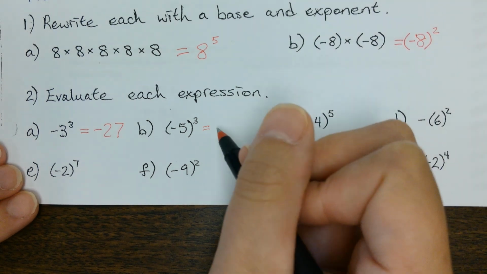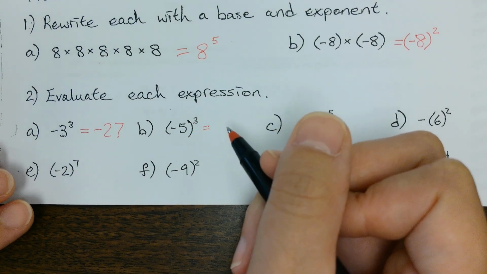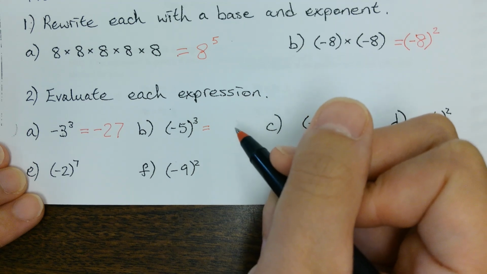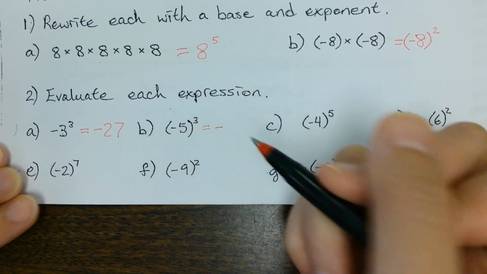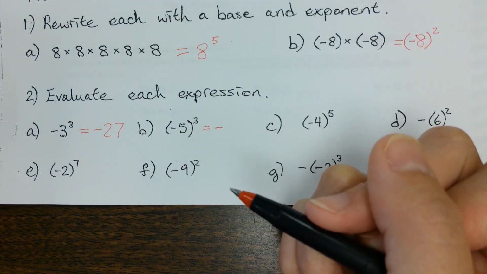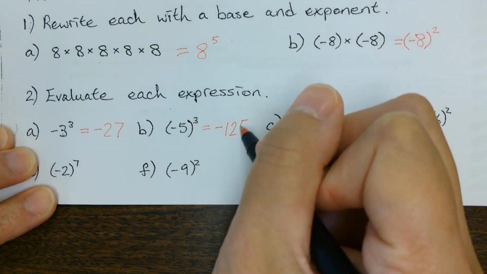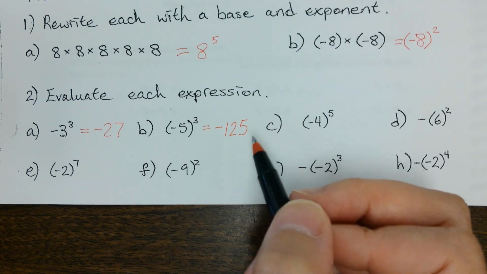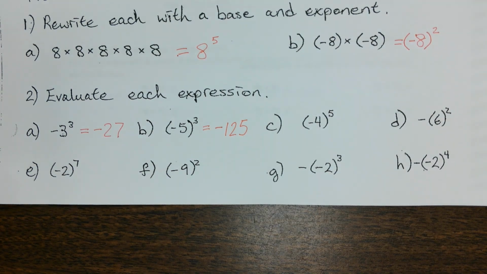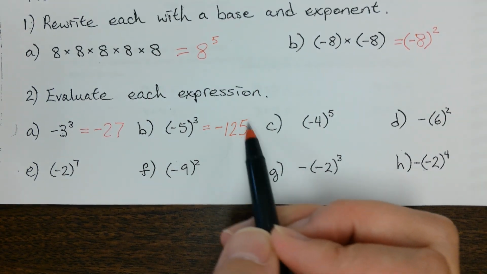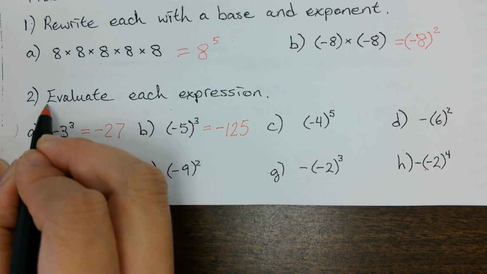Yeah, so do you have a calculator on you? So, okay. I like the negative part. Yeah, you got the negative right. But okay, negative 125. Yeah, so on the test, it's not enough to just tell me negative 5 times 5 times 5. You have to tell me the actual answer as well. Because the question says evaluate.